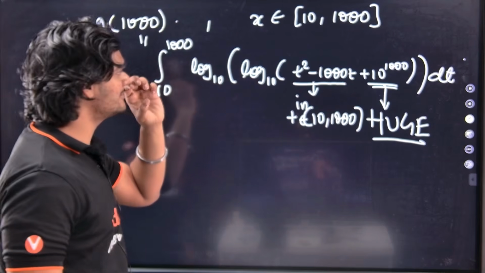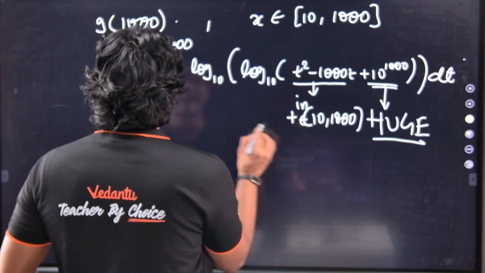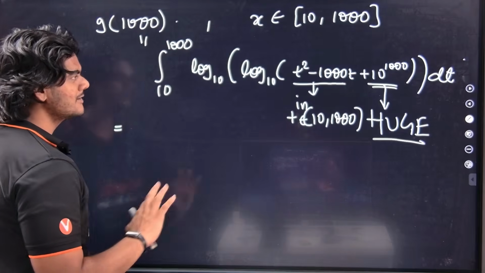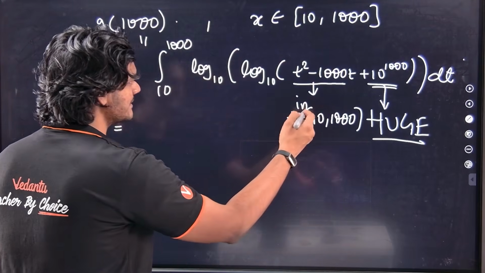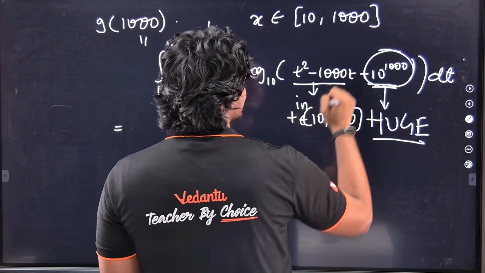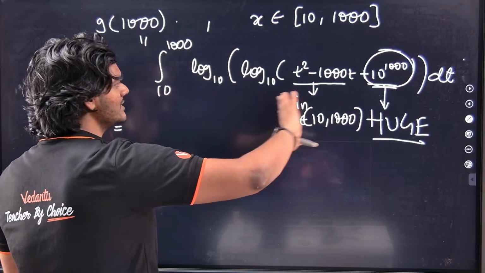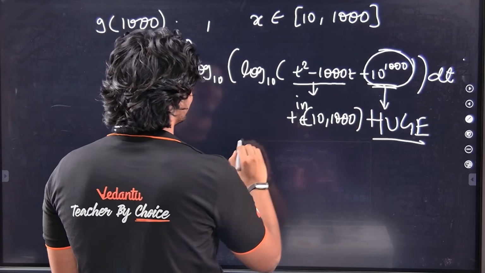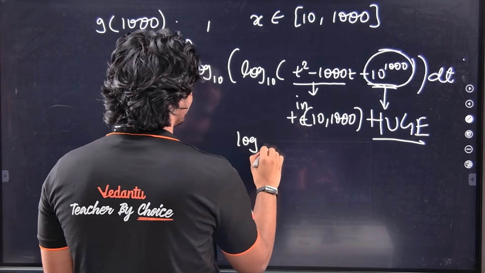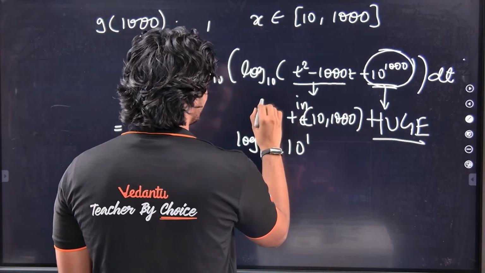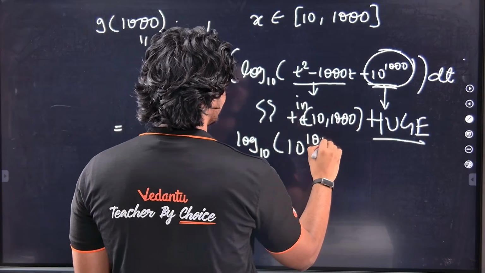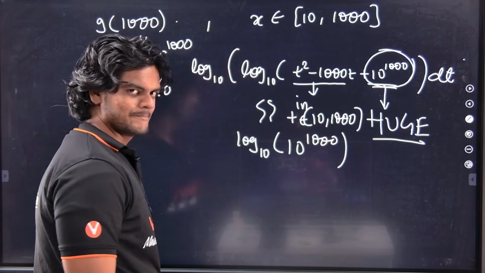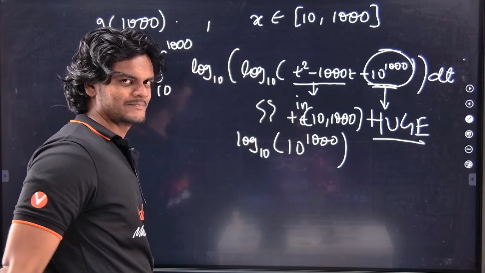So if you have to approximate it, I would do this. Although they don't expect you to do that, they just expect you to say that this is huge. So this will overtake the whole thing. So the logarithm of base 10 of this thing will be approximately simply 10 power 1000. It will be approximately this.